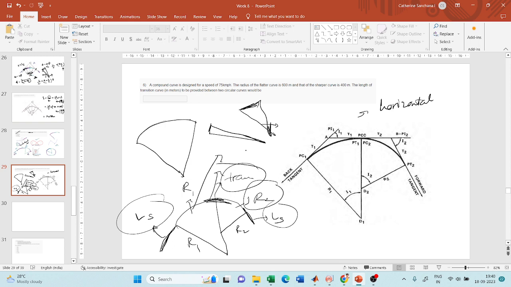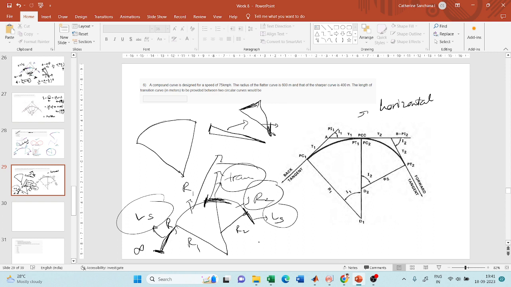So in order to provide this transition from this super elevation to this super elevation, you have to provide a transition curve in between. That is why a transition curve is required between these two. Now what should be the length of the transition curve? Here you're starting from radius of infinity to radius of r1.